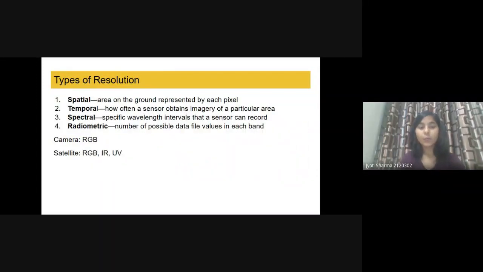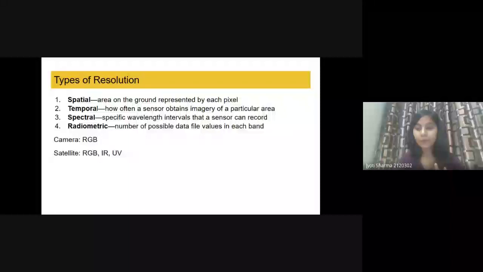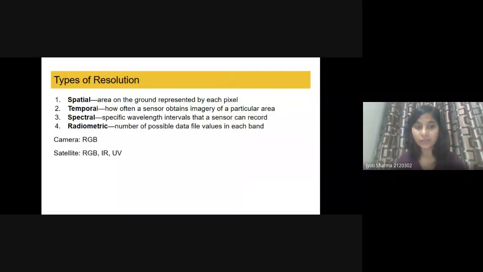Okay, so we have an image. For that image we have four different types of resolution. The first is spatial resolution, the second is temporal resolution, the third is spectral, and the fourth is radiometric. I think you people very much know about spatial resolution.